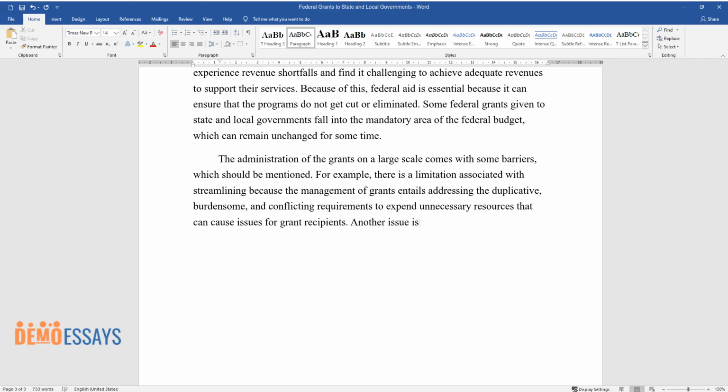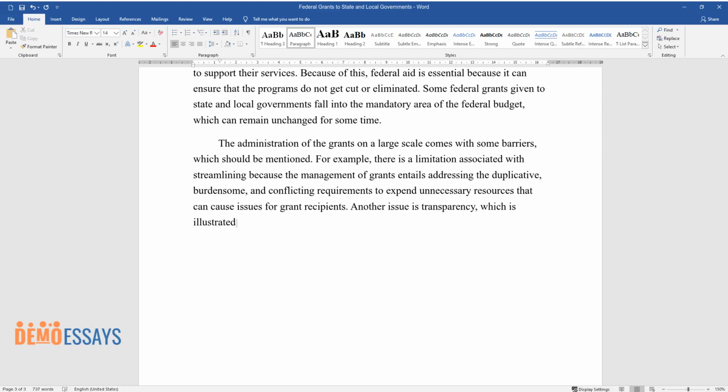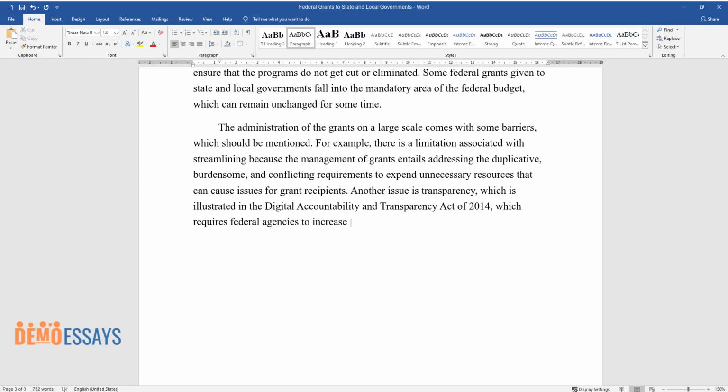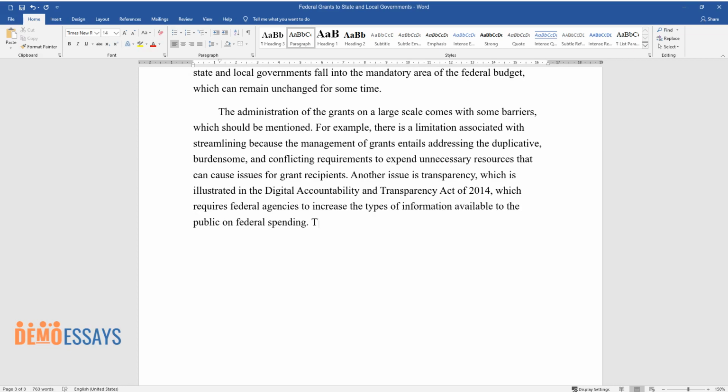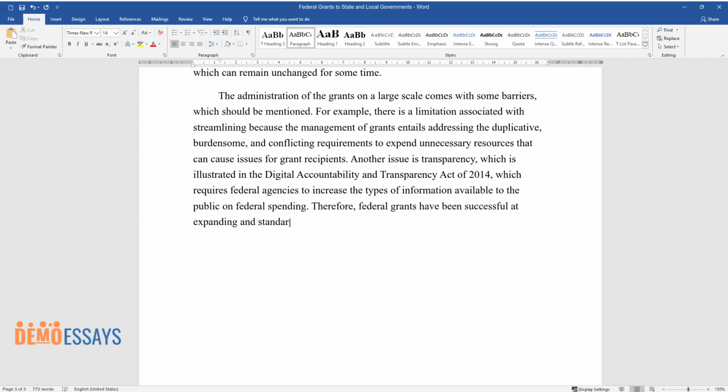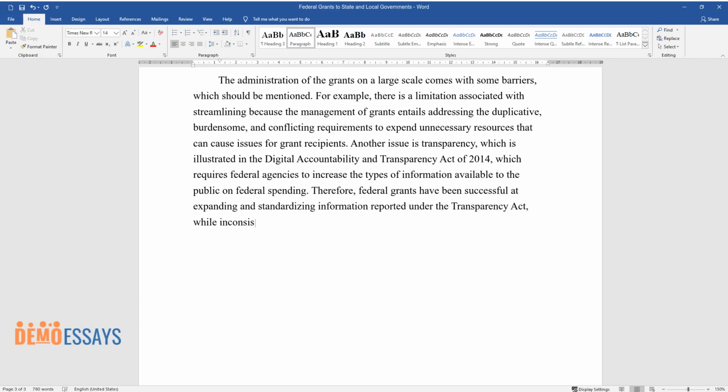Another issue is transparency, which is illustrated in the Digital Accountability and Transparency Act of 2014, which requires federal agencies to increase the types of information available to the public on federal spending. Therefore, federal grants have been successful at expanding and standardizing information reported under the Transparency Act, while inconsistencies can still appear.